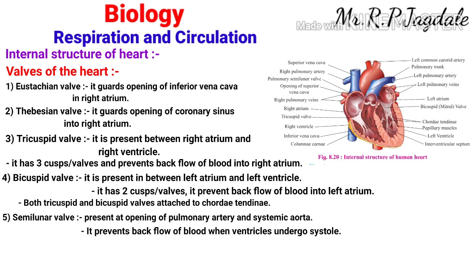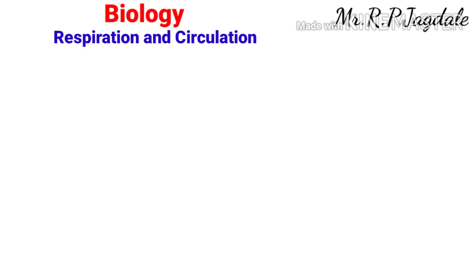At the time of systole, to prevent the backflow of blood into the ventricles, the semilunar valves are functioning. So these 5 valves are very important in the internal structure of the heart. Okay, we have seen the atria, ventricles and 5 valves of the heart. Then the next topic is the pumping action of the heart.